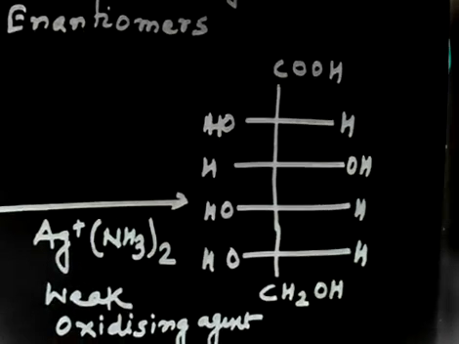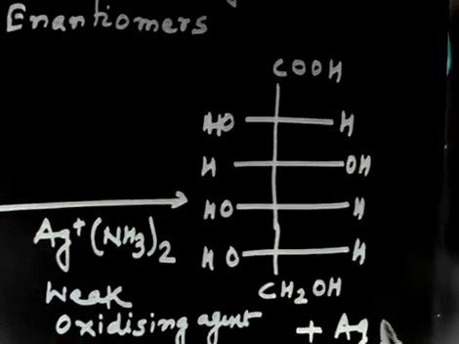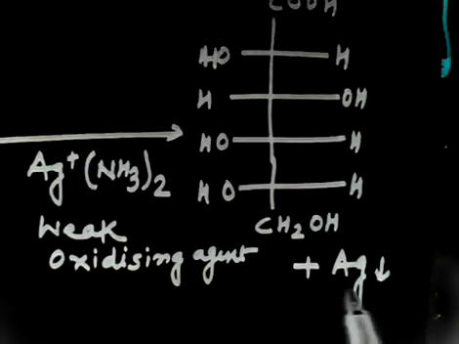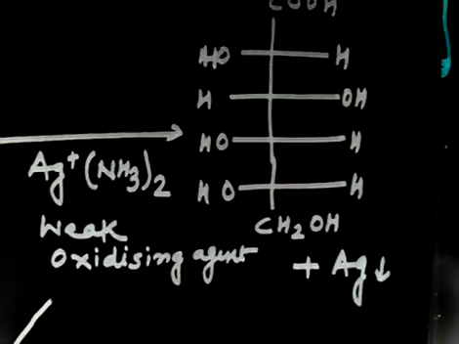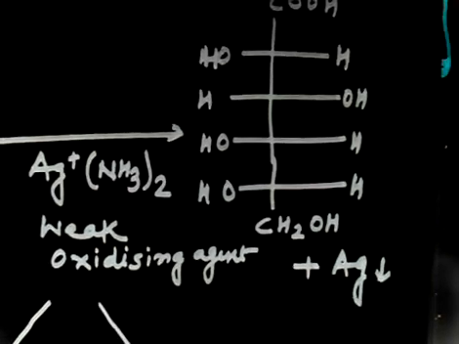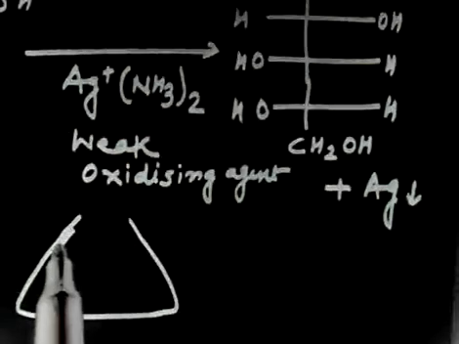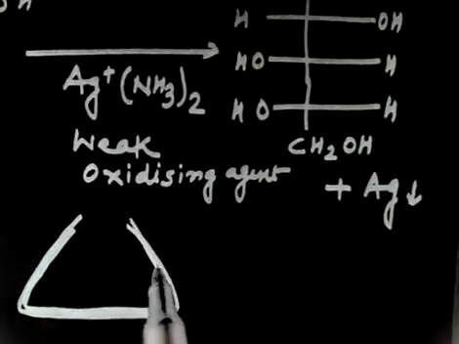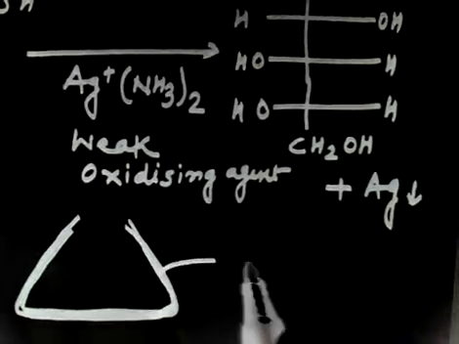Ag also will form, and this test is called the Tollens test, or silver mirror test. Ag will form a silvery mirror on the surface of the beaker.